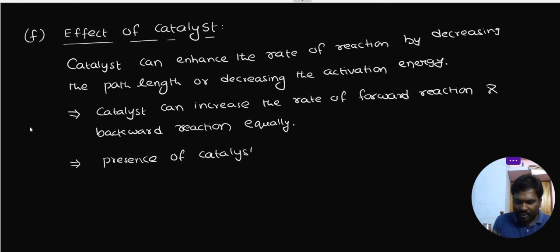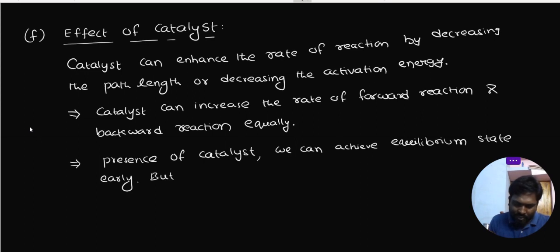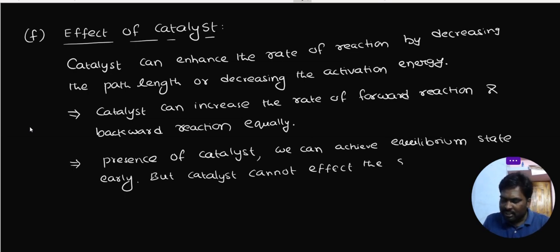So in the presence of a catalyst we can achieve the equilibrium state early, but a catalyst cannot affect the state of equilibrium.